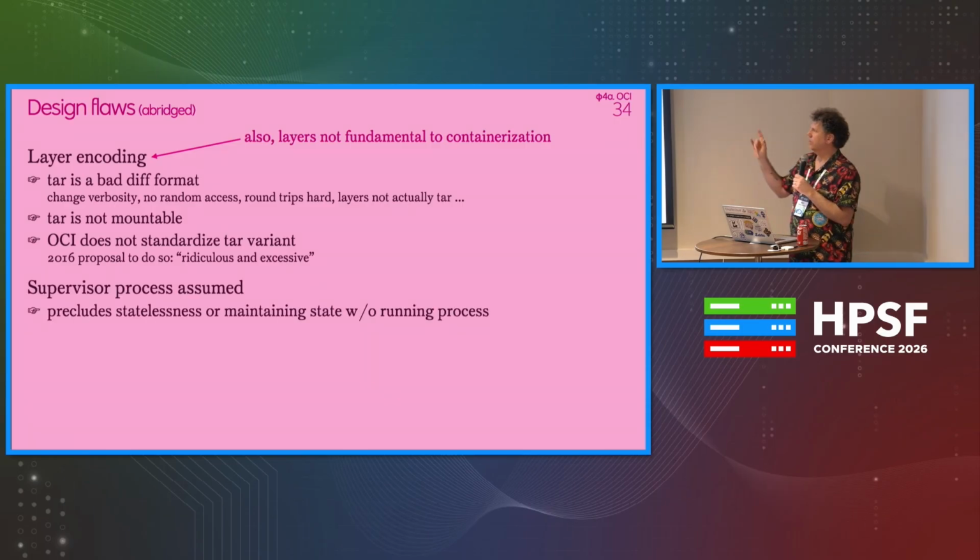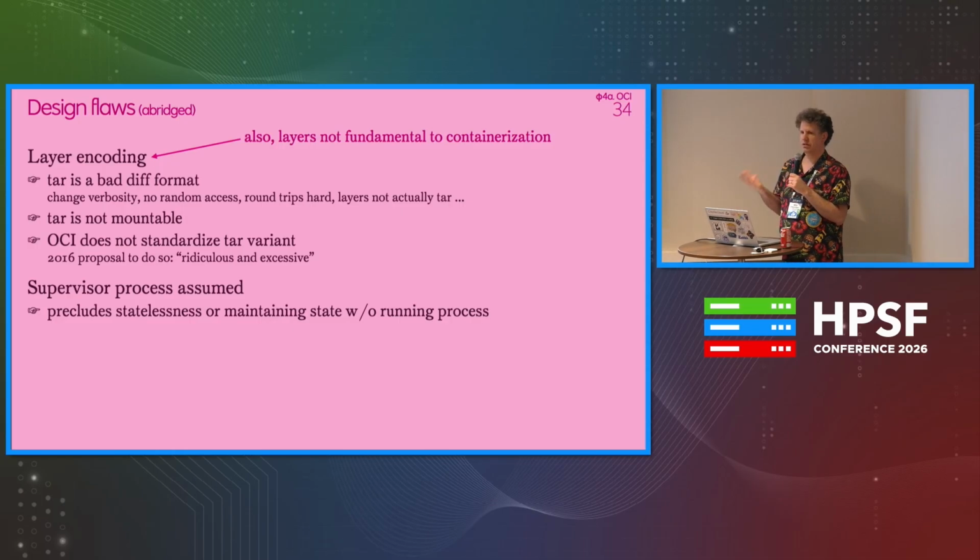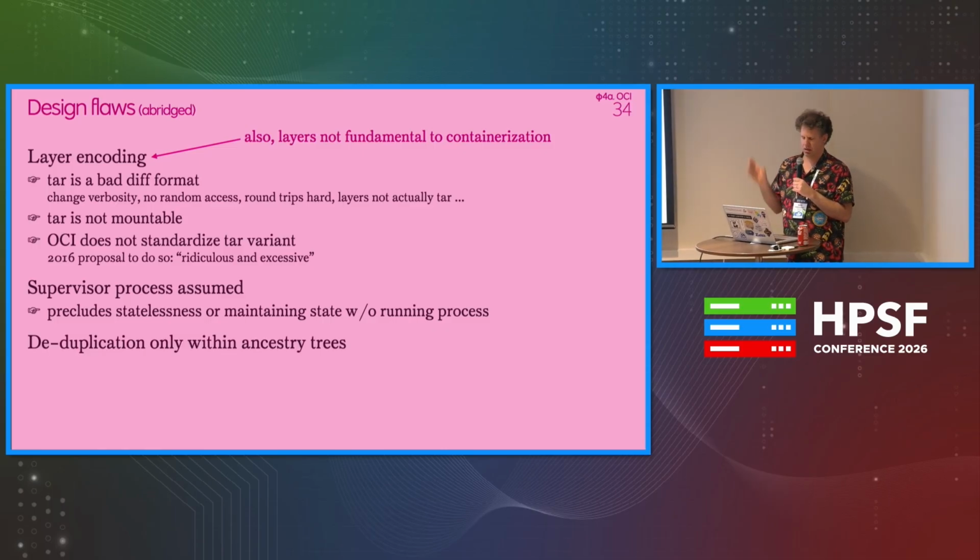OCI assumes you have a supervisor process. This means that it's very difficult to write an OCI compliant thing that is either stateless or wants to maintain state without having a running process to do the state things. Deduplication: we talked about how the tarballs are a diff format.